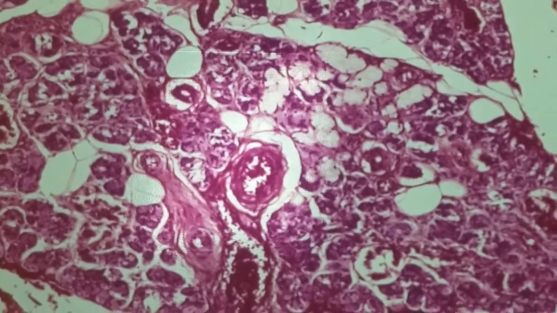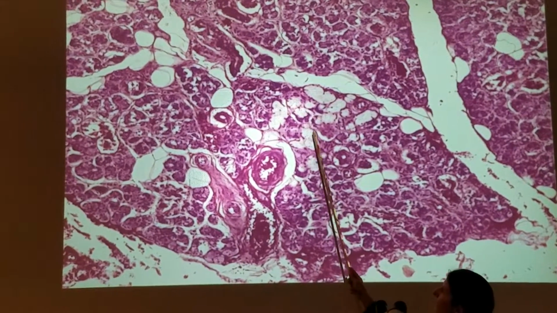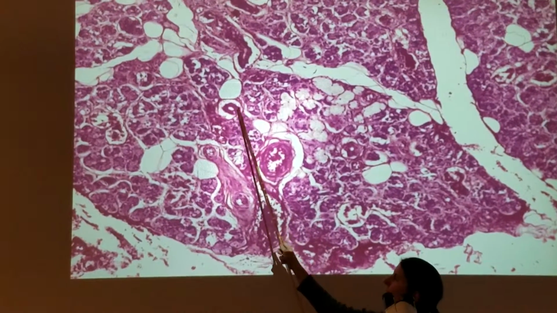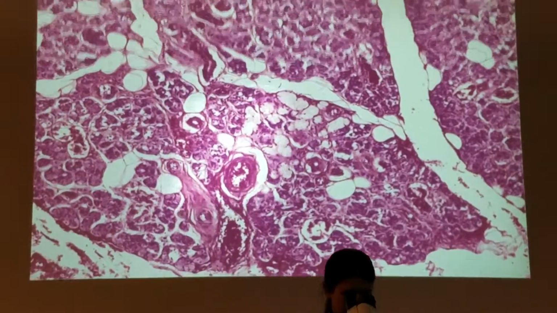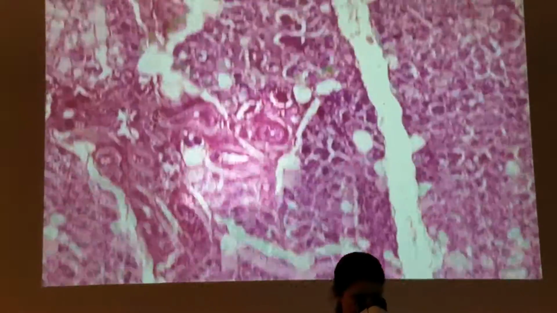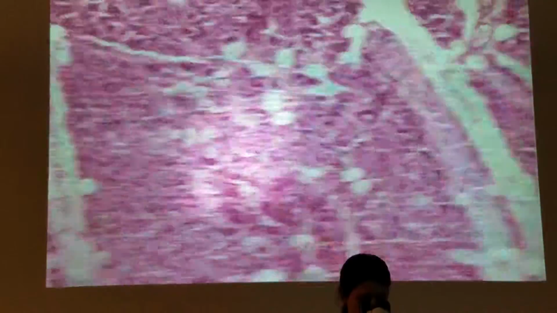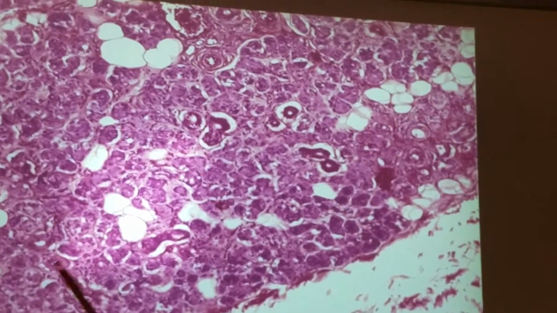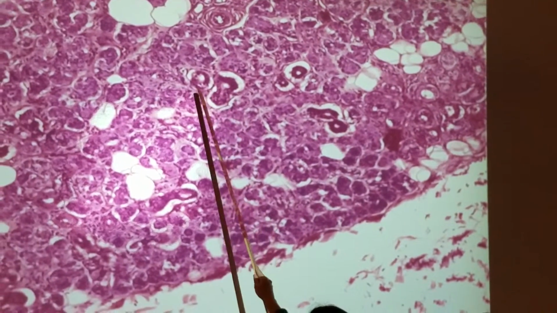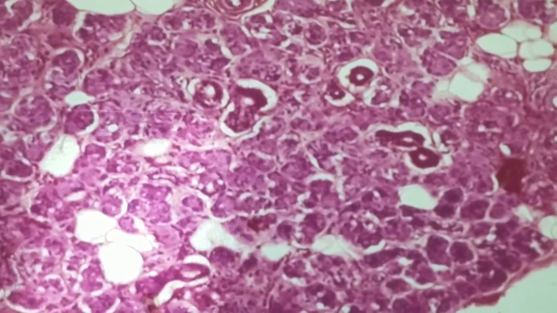So submandibular, lots of serous acini, not as many mucus acini, and then the salivary ducts are right there. Let me see if I can find another one, like a super small one. Those are all salivary ducts. You should be able to see here the little black nuclei making their way into little cubes.